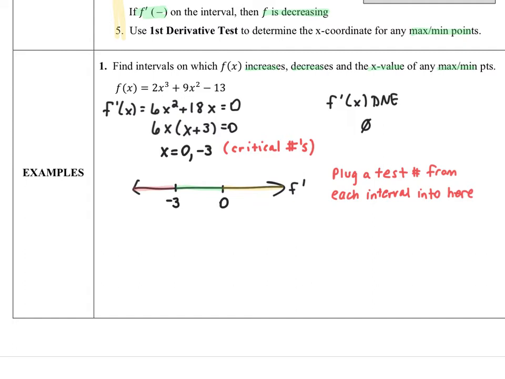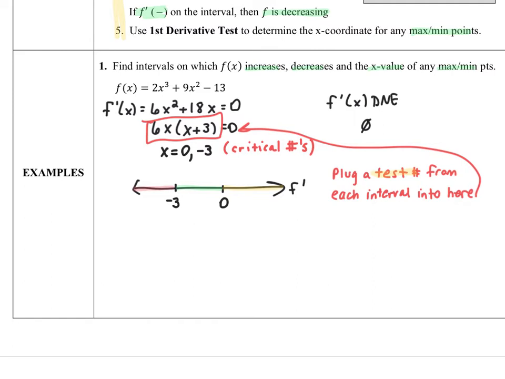So I have to test each one of these intervals. And I'm going to choose a test number from each interval, and I'm going to substitute it into the factored form of my f prime. It's going to save me a lot of calculations in doing this, and all I care about is, do I get a positive or a negative? So I'm going to pick a number that is less than -3, like -4.